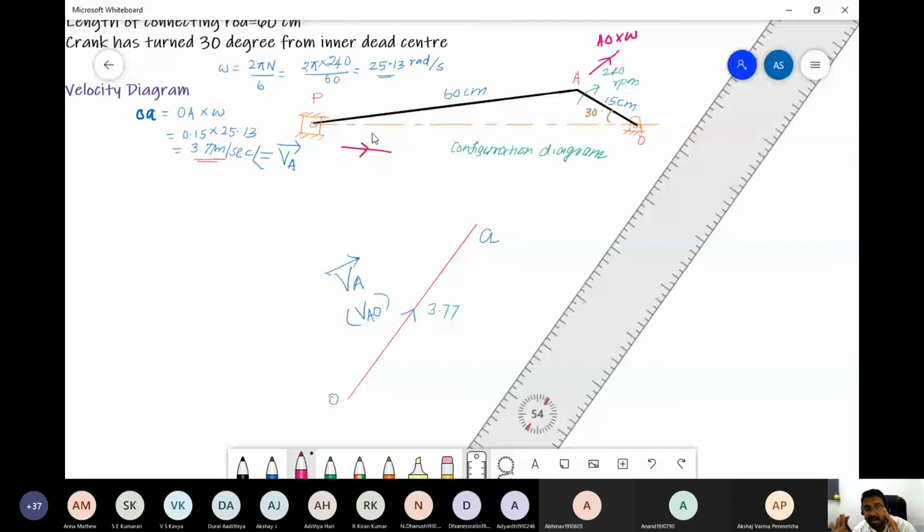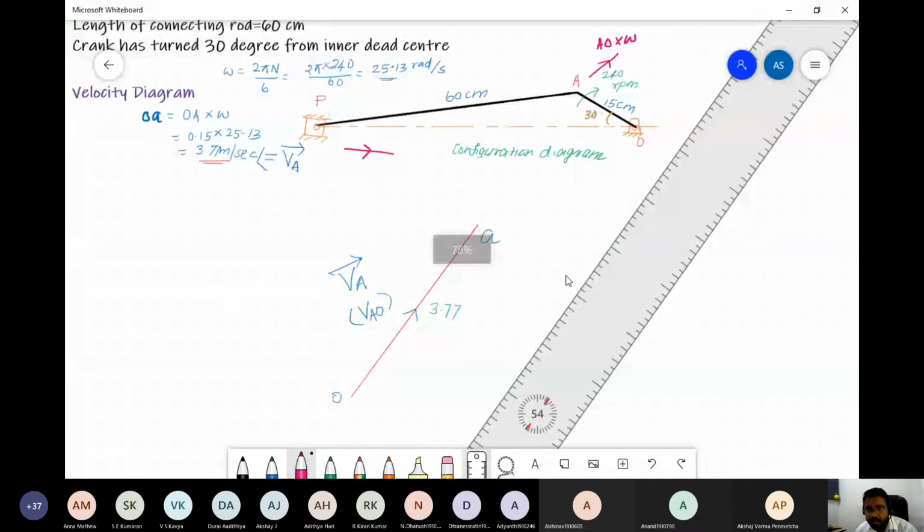But it is a constraint. P point is constrained, so the vector will be parallel to this. It will not be perpendicular because it's a constraint. It is moving in a guided path. So you have to draw a parallel line to this. But do you know the magnitude of this?